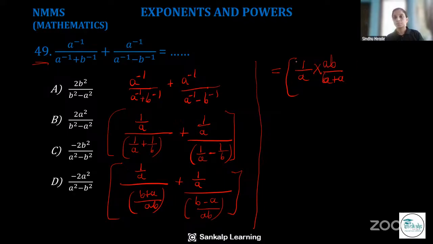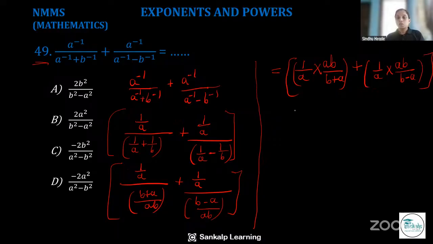Plus, this is the first term. Then second term, numerator is 1 by a into this denominator term goes to numerator, and again it multiplies ab divided by b minus a.